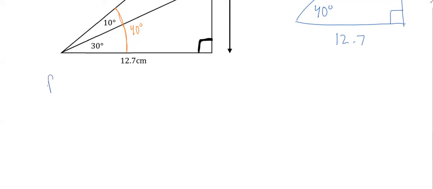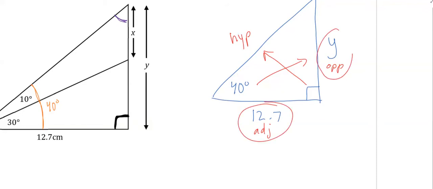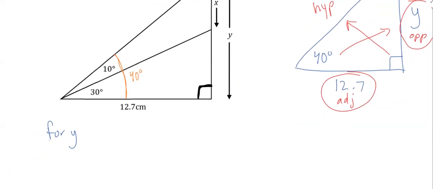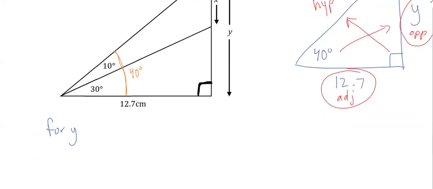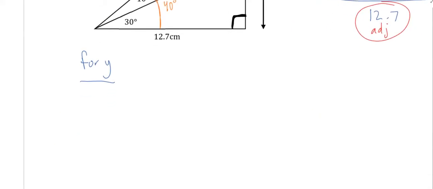So for y, I'm going to label, and you can either label the original diagram or your new one if you want, hypotenuse, opposite, and adjacent. Yes? You're just going to make like a big, the outside triangle. That's right. Yeah. So I've got opposite and adjacent, and that is tangent.